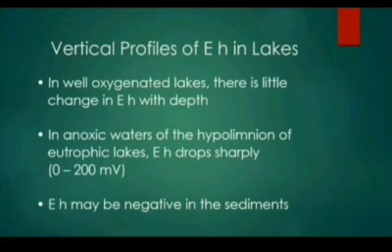In anoxic waters of the hypolimnion of eutrophic lakes, EH drops sharply from 0 to 200 millivolts. EH may be negative in the sediments, whereas in other waters on the pH scale it will be positive in range.